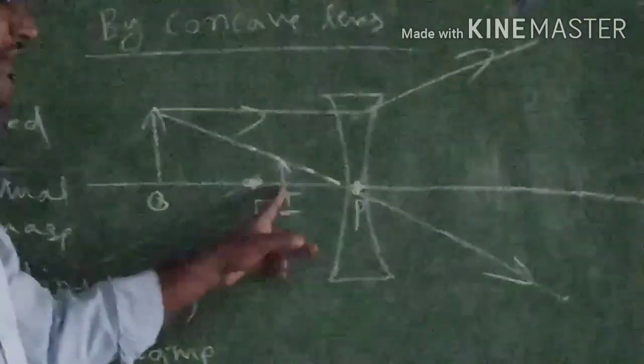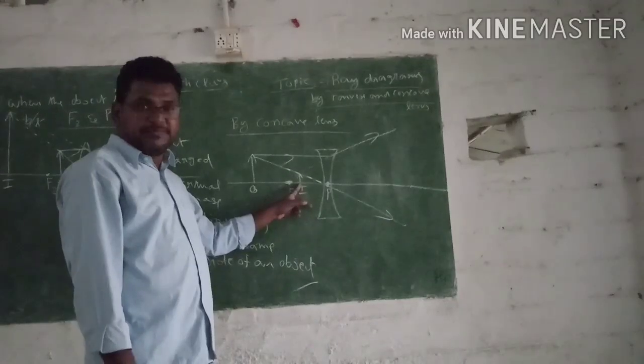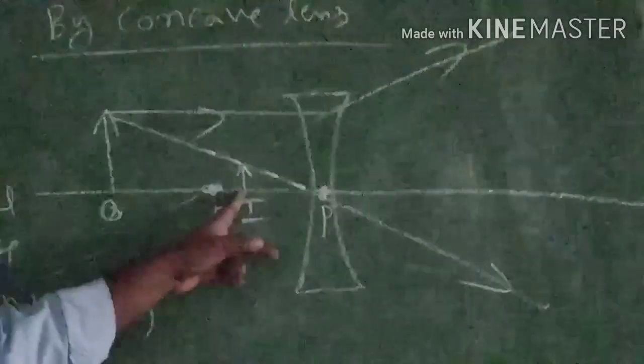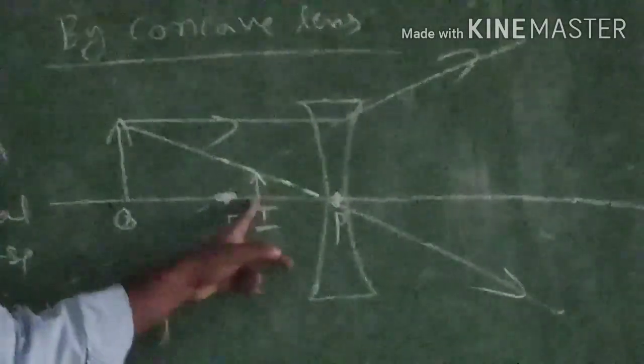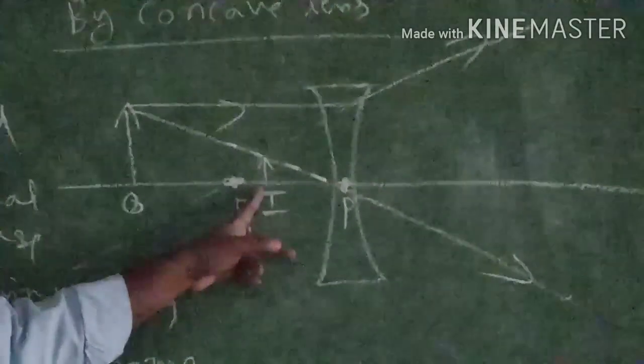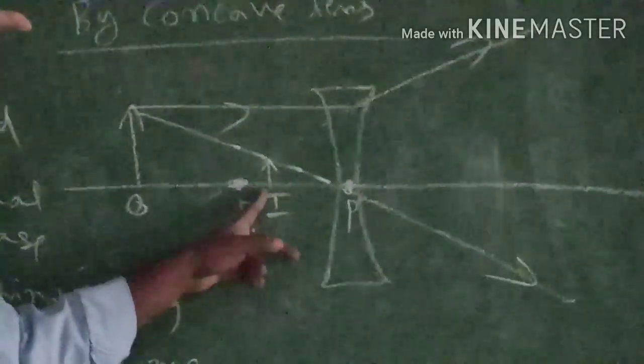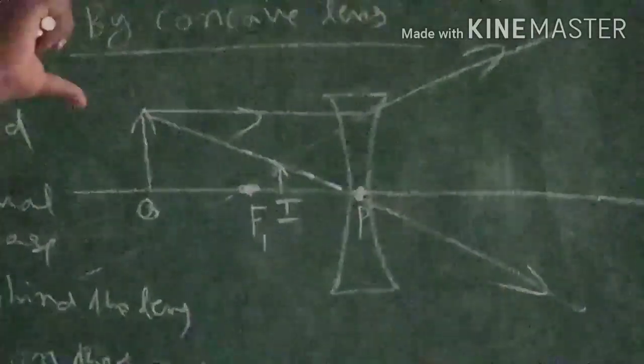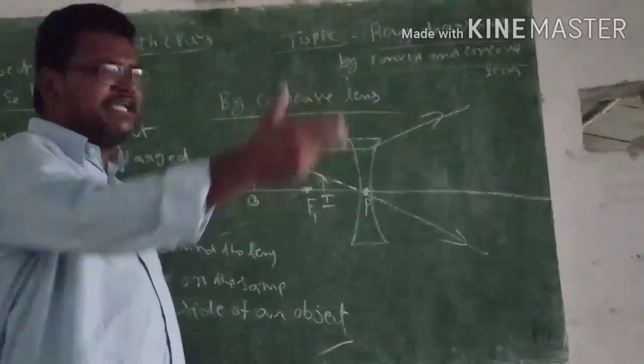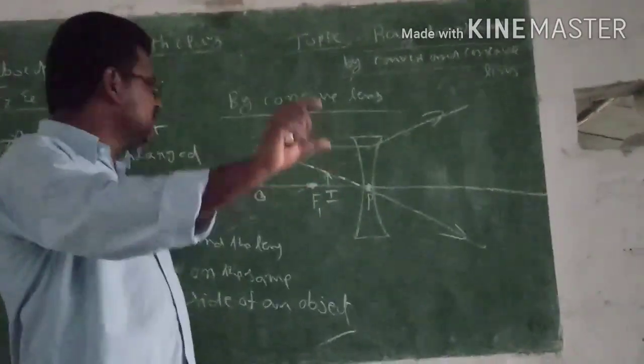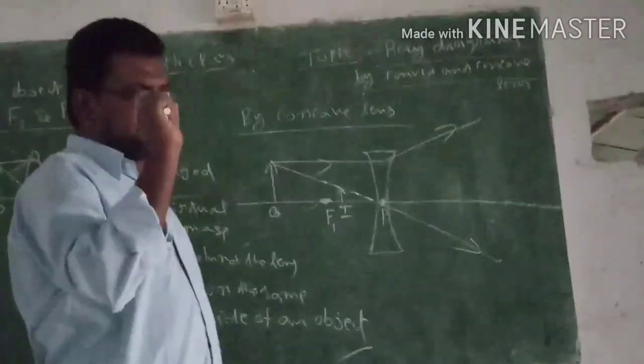So that's why it is called a virtual image. We don't need any screen to see this. Just when we see an object through a concave lens, we can see its diminished, erect image.